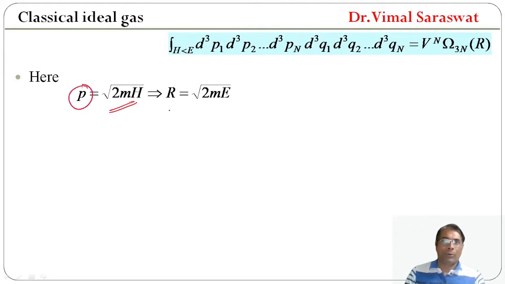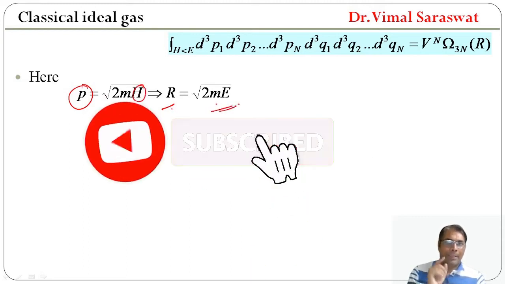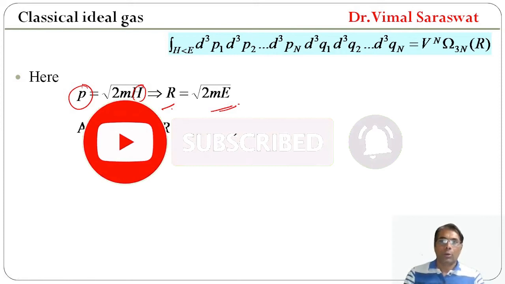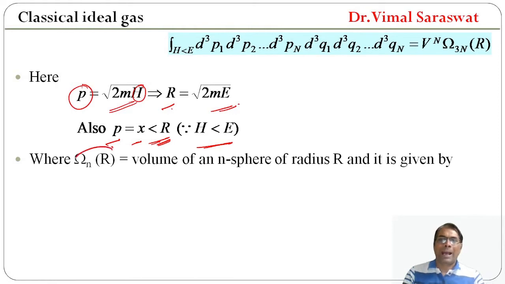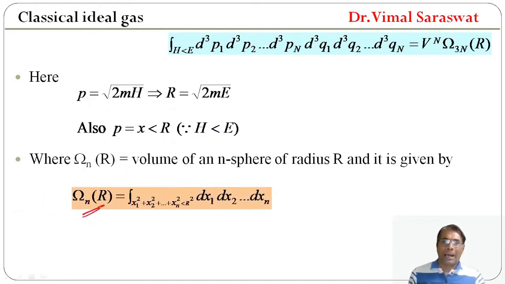Now p is replaced with r and H is replaced with E, so r is equal to square root of 2mE. Also, since H is less than E, p is equal to x and x is less than r, where omega n r is the volume of an n-sphere of radius r, and it is given by omega n r equal to integration over x1 square plus x2 square plus up to xn square less than r square of dx1 dx2 up to dxn.